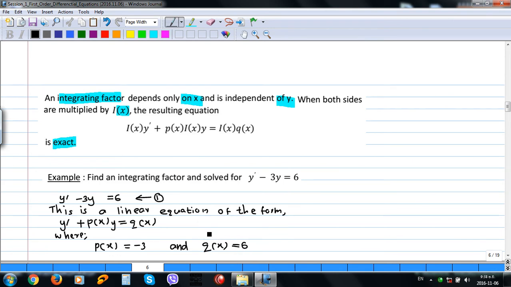So then this is a linear equation now. So then we can solve this. Here find an integrating factor and solve for this one. So we found that p of x equals minus 3. I'm going to integrate this.